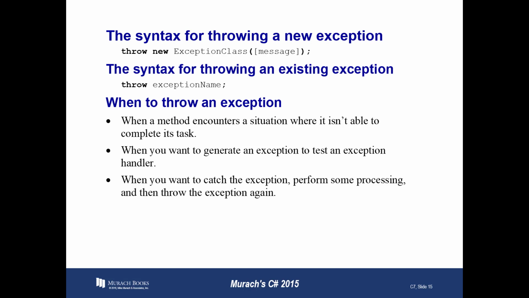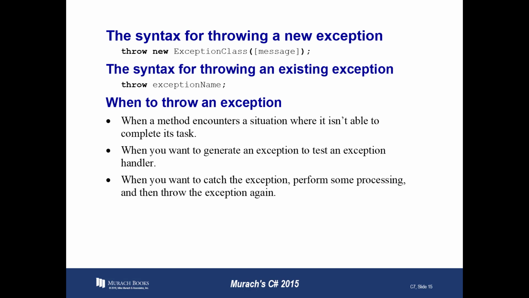You can throw your own exception. So as it says, when a method encounters a situation where it's not able to complete its task, you can throw your own exception. Let's assume, for example, because we've looked at this in other classes, that we're trying to do a simple miles per gallon program.